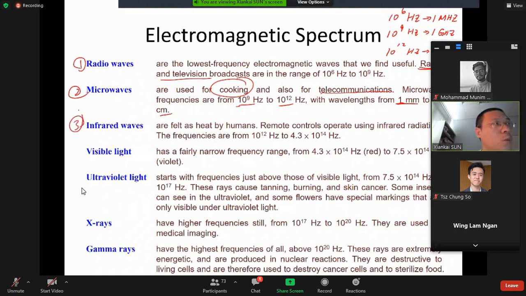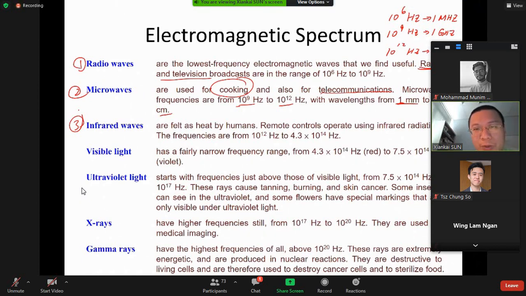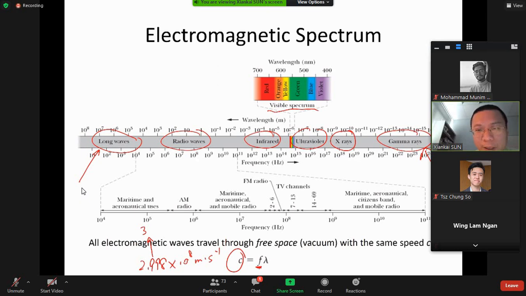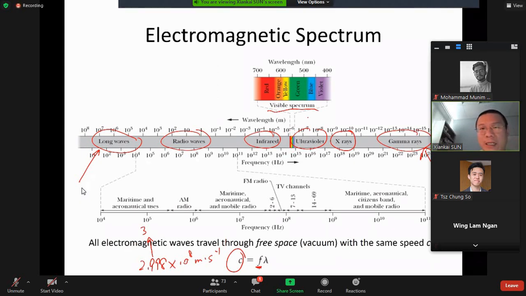Why are they called infrared waves? This is because, if you go back to the previous page, the infrared regime is on the lower frequency side of the visible spectrum.